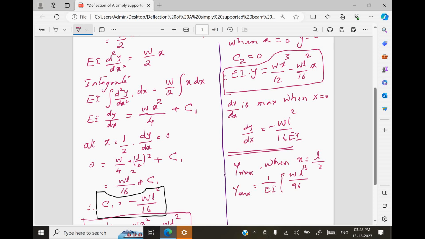You have this one, and minus W into L square, L square is L by 2 square, that is L square by 4. 4 16s are 64. If you subtract and all those things, then you will have Y max is equal to WL cube by 48 EI. Okay, see here.